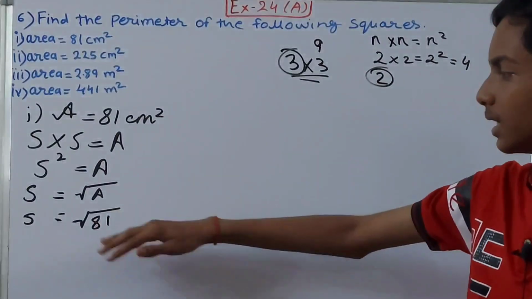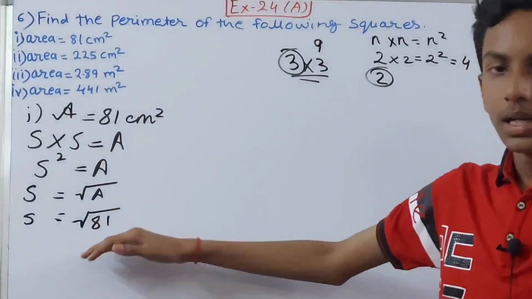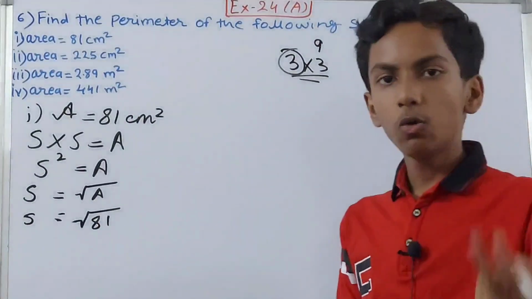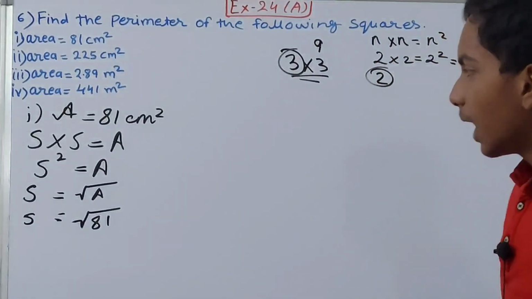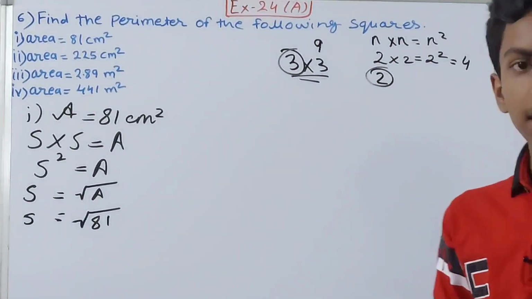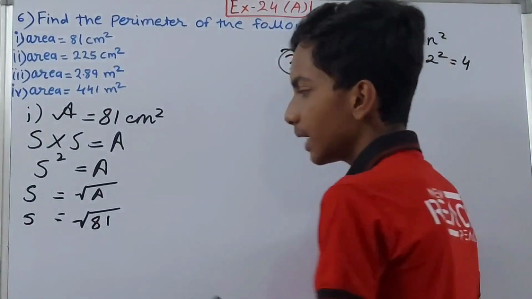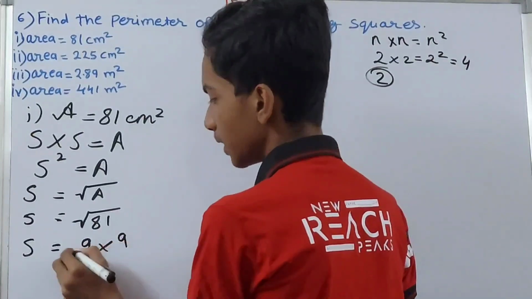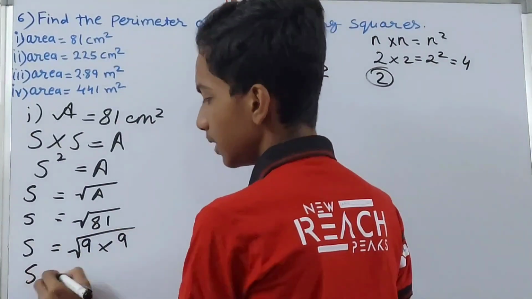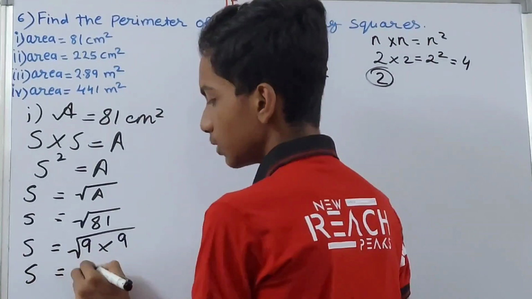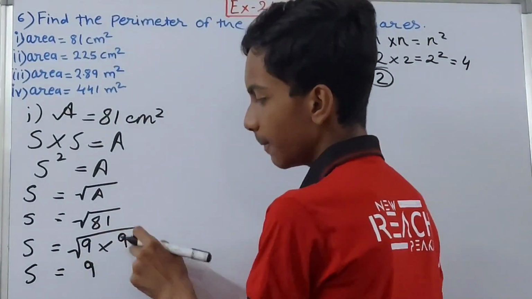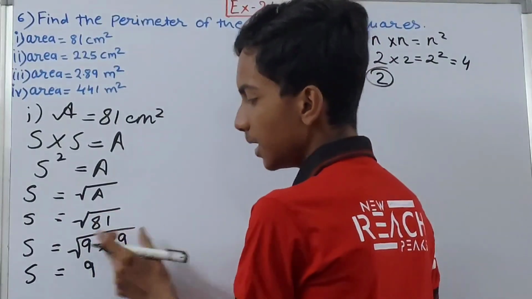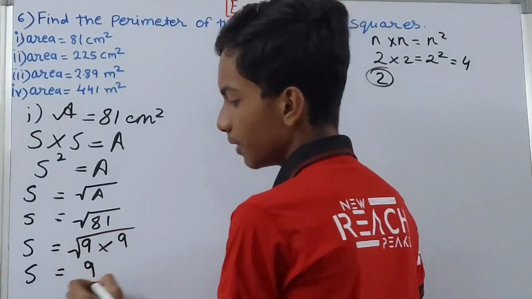Same thing will be done here. Now see, which number can we multiply twice so that we get 81? You have to think for a bit and you will see that 9 is the number. So that means side equals under root of 9 into 9. 81 equals 9 into 9, and when we remove the under root sign, one number will be removed, and the one which is left will be written here.